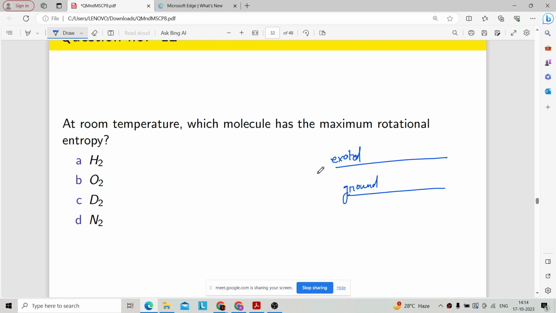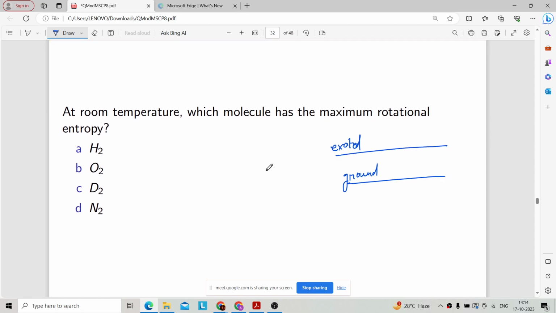Now this is a molecule, right? As a whole, it will behave like a Maxwell-Boltzmann particle or classical particle. So it does not have to follow Fermi-Dirac statistics. So we can use Boltzmann statistics, so in that case we can use the Boltzmann distribution law.